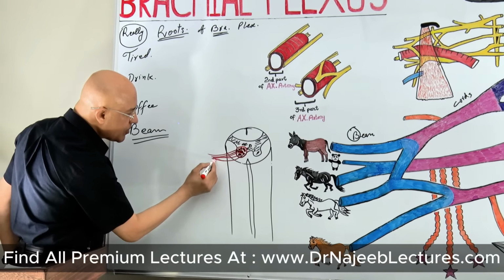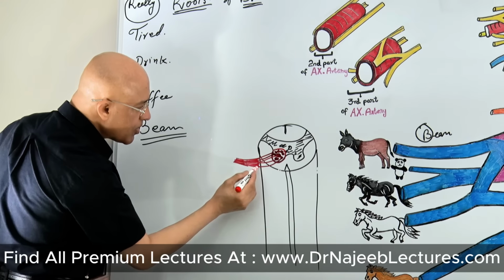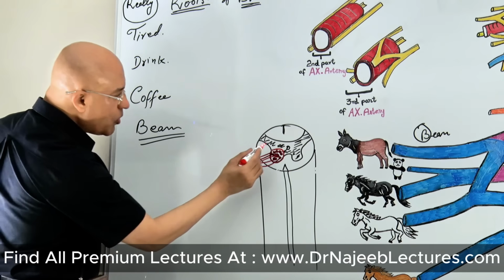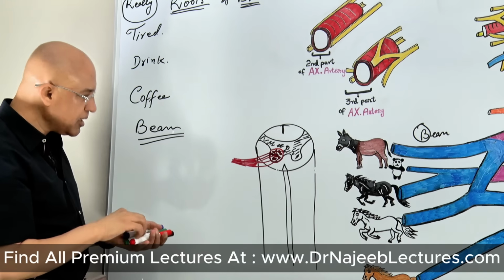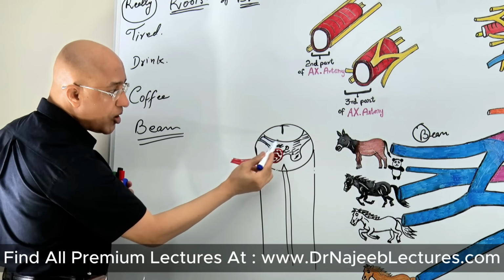And if you look at the posterior gray matter of the spinal cord, we call this the posterior horn. This was the anterior horn of the spinal gray matter. This is the posterior horn.